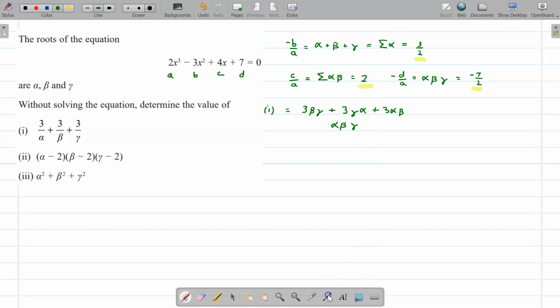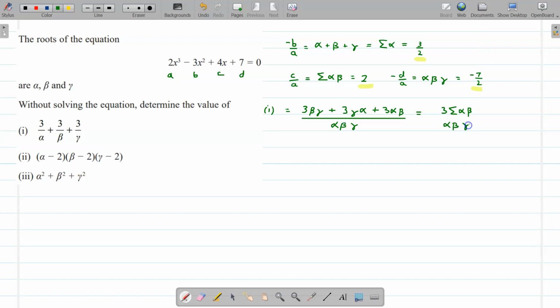Now it's quite a simple step to follow, because we can see that we now have that as being equal to 3 lots of the sum of the product pairs. So it's 3 lots of this term, which we've already worked out, divided by the product of the roots, alpha, beta, gamma.